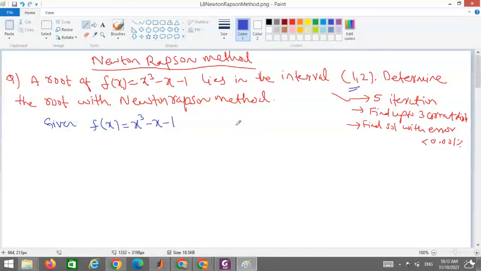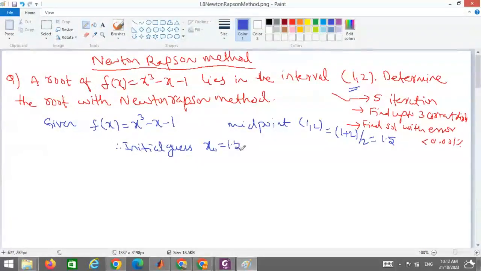If the initial guess is not given, but the interval is given, you can find the initial guess simply as the midpoint of this interval. So you just find the midpoint of the interval 1 comma 2, which is nothing but 1 plus 2 divided by 2, which is equivalent to 1.5. So therefore your initial guess x naught is 1.5.